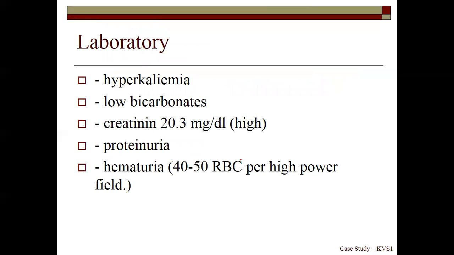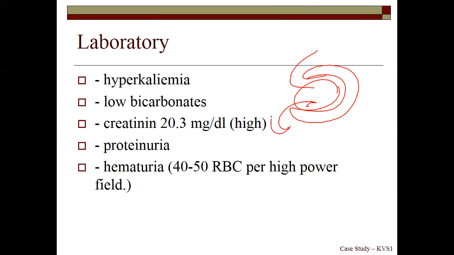You picked up on the protein in the urine and the blood in the urine. Protein does come into the renal system, but protein is not supposed to actually be filtered into the tubules.